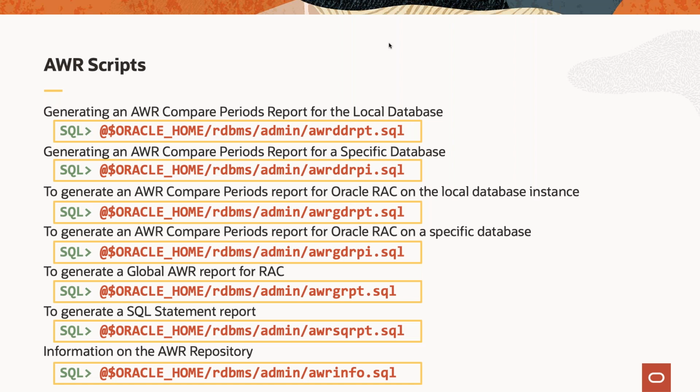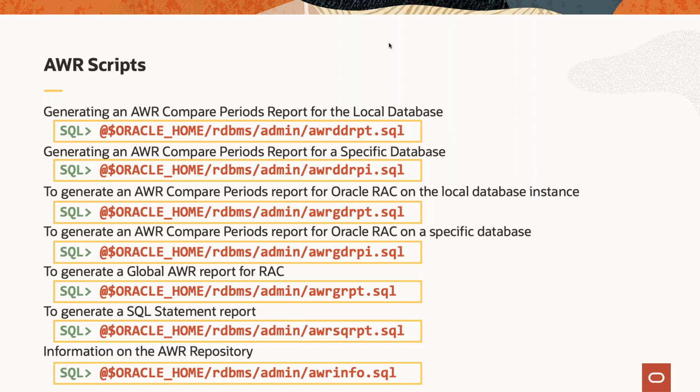If you have a RAC database, you always run awrgdrpt.sql, not awrrpt.sql. That gives you AWR compare periods for the RAC instance on the local database.